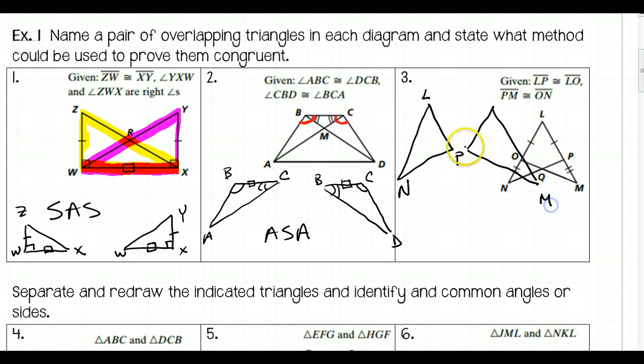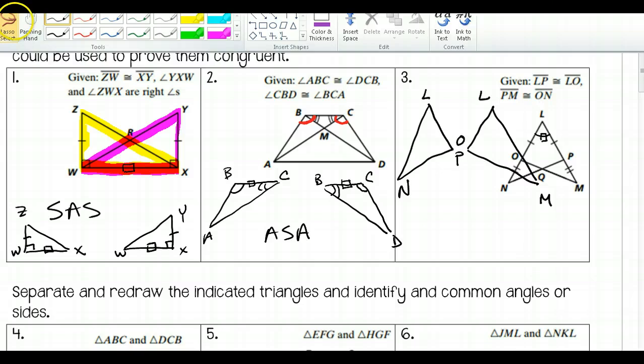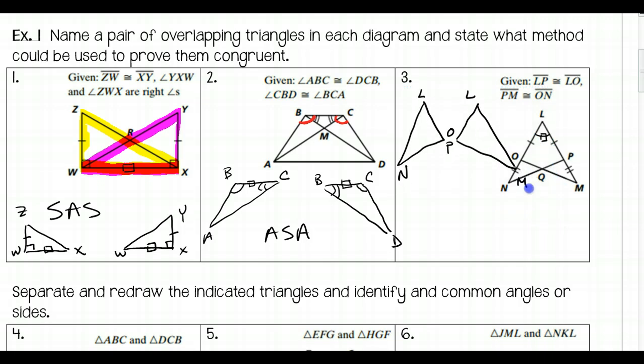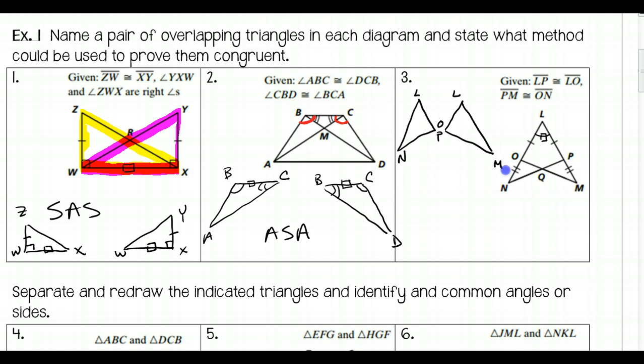This is M, that's O, and that's also L. So you notice they both have L at the top. This angle up here is going to be reflexive. Let me just move this stuff out of the way a little bit and make it a little bit smaller. There we go.